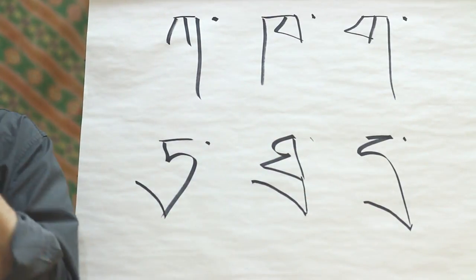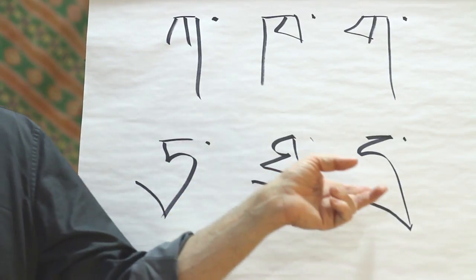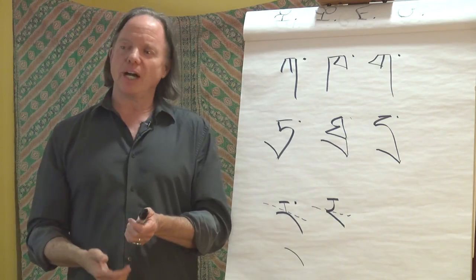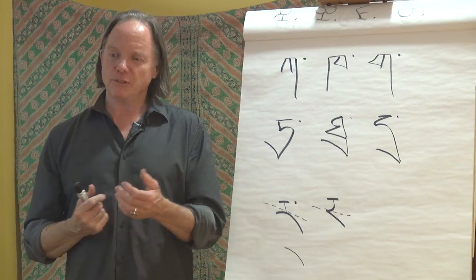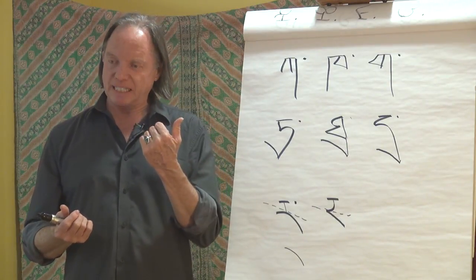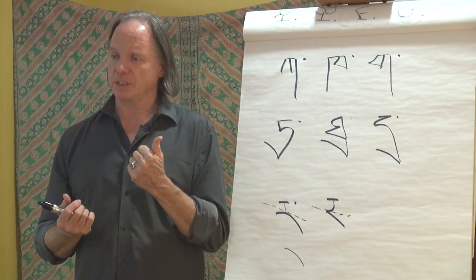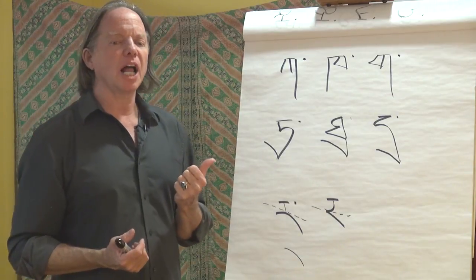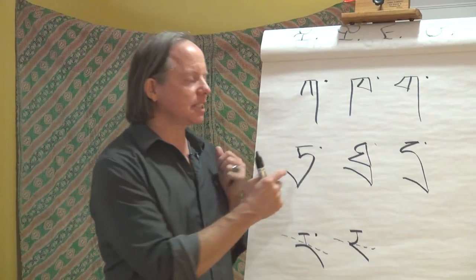And a lot of foreigners mispronounce them like tra, and that's all wrong. You guys know how to make a retroflex sound, right? Retro means back, flex means bent. So retroflex is a linguistic category of sounds for consonants where you bend your tongue back. So watch my tongue, and you bend it back, and then you say these letters again.